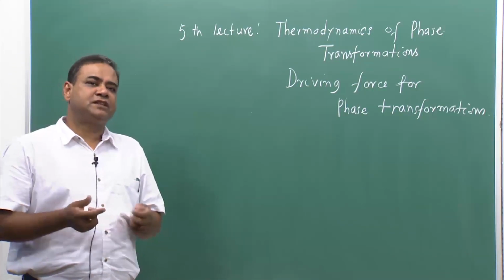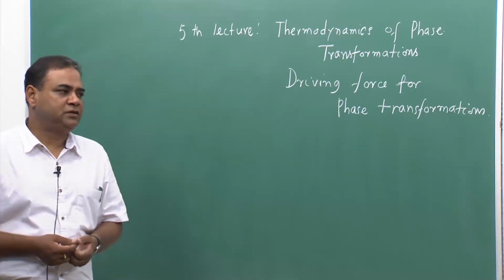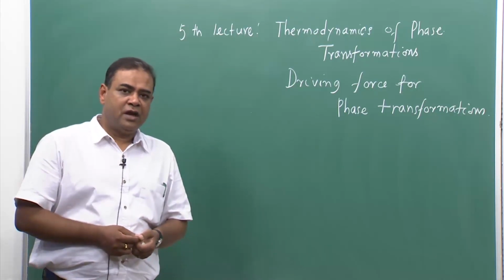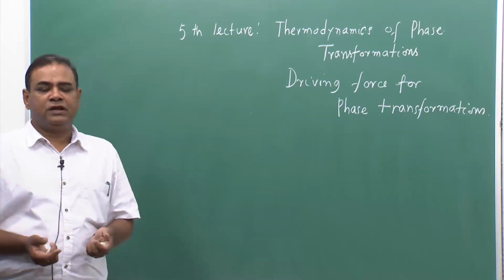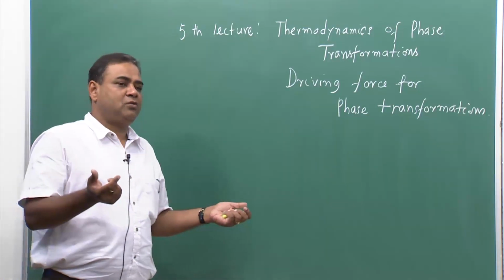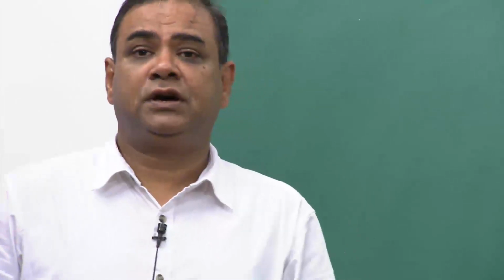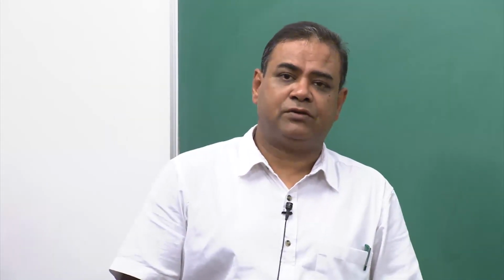And once we know the enthalpy as well as entropy variation, we can easily find out my free energy variation, and that free energy variation would allow us to know what could be the driving force for that particular phase transformation.